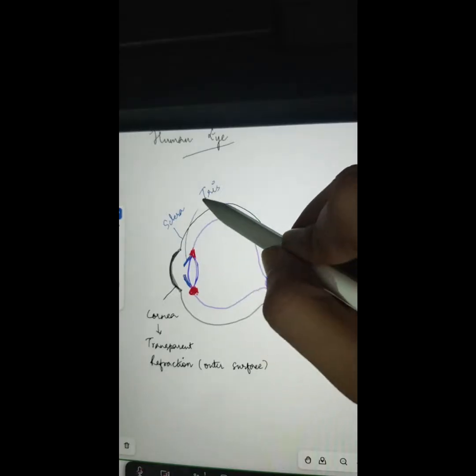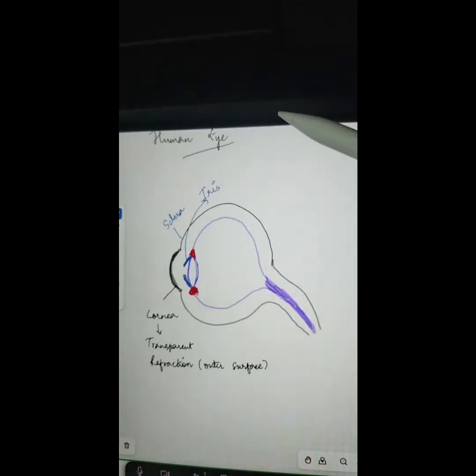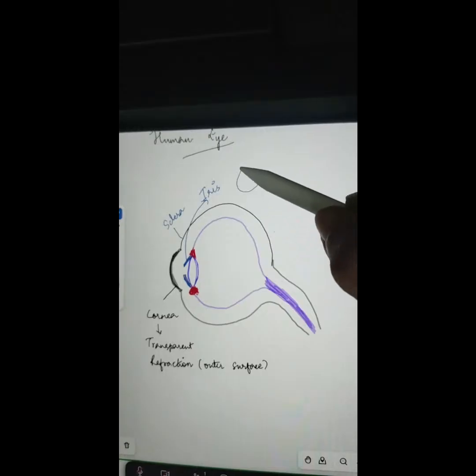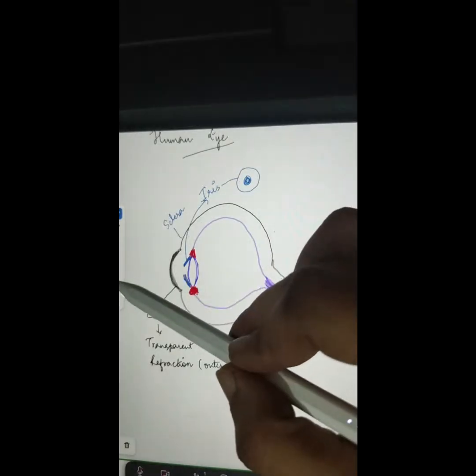Iris is actually the colored part of your eye. So in the eyeball, if you see closely, there are two circles that appear in it. The outer circle is known as iris and it gives color to your eyes. If I am drawing an eye here, this is the inner circle, and this outer circle is your iris.